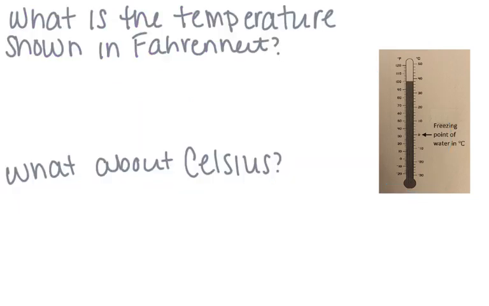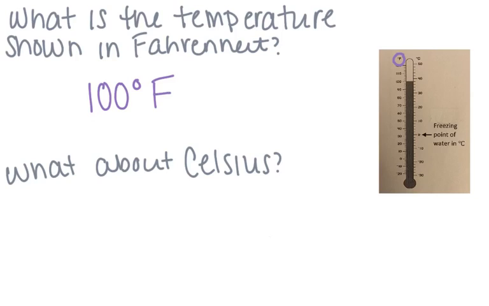Now, our thermometer does tell us the temperature. So if we look at it, what is the temperature shown in Fahrenheit? We need to make sure that we are looking at the correct side of our thermometer, and Fahrenheit is on the left side. So our temperature is 100 degrees Fahrenheit.